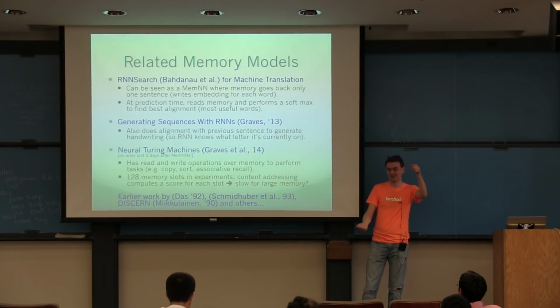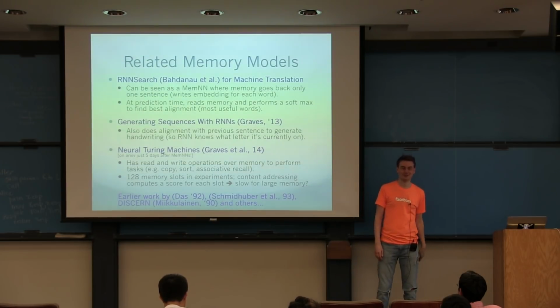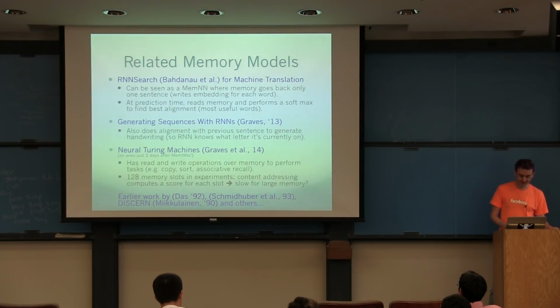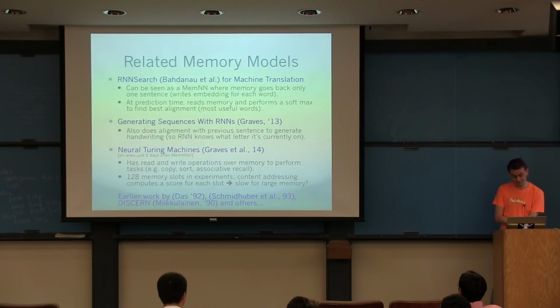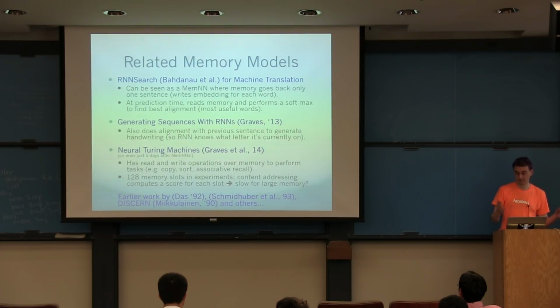He wrote this long public review saying you should cite all these things we've done from the 90s. So I think there's lots of stuff from back then which we need to go back and study again now in the context of the new computational resources we have now, and data as well, hopefully.